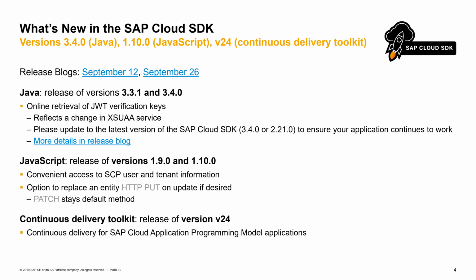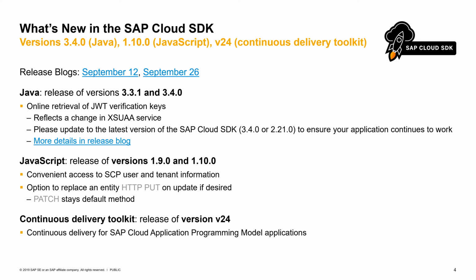So for Java, the biggest change is that JWT tokens are retrieved online. That reflects a change in the Access UAA service in SAP Cloud Platform.